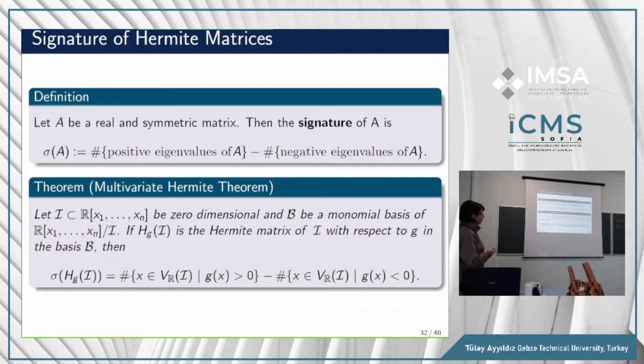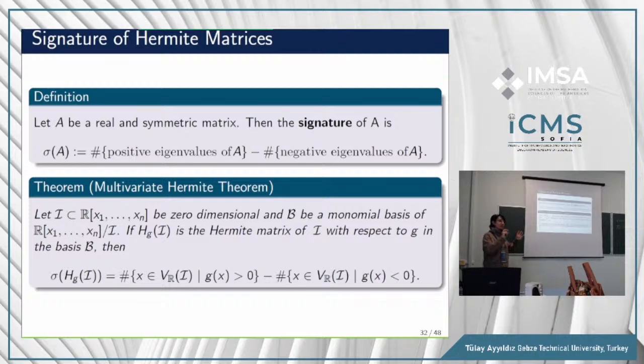And in the theorem, Hermite's theorem says the signature of that specific Hermite matrix tells us something else. The signature of a Hermite matrix is actually the number of real roots that make G positive, and G is called an auxiliary polynomial here.